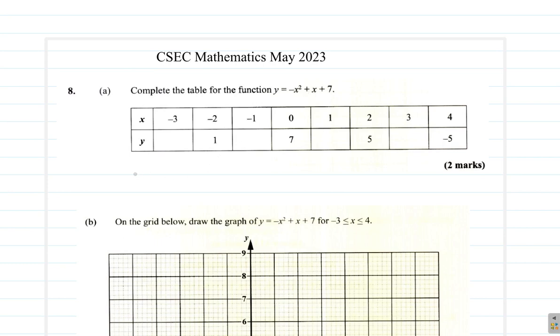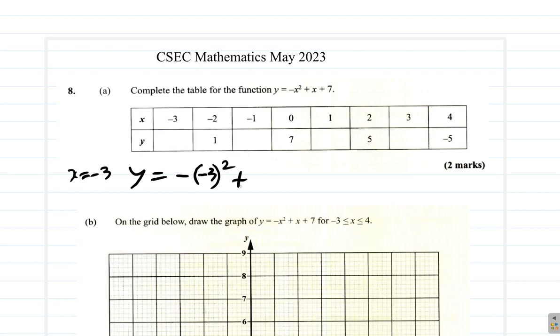For negative 3, at x equals negative 3, y is equal to negative x squared. Remember, x is negative 3. So it's negative 3 squared, right?